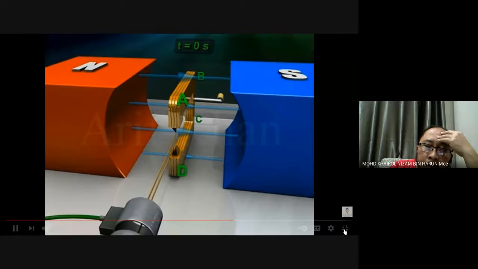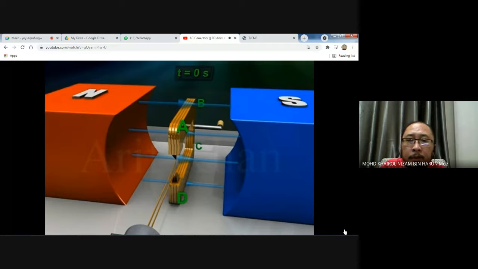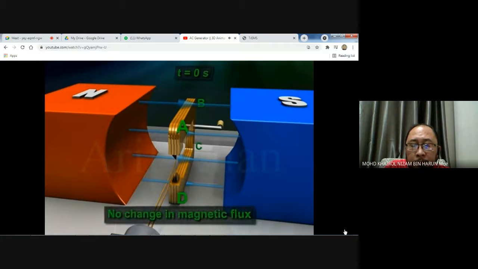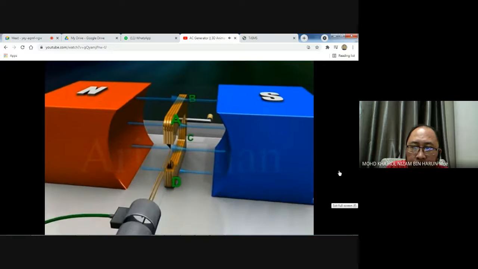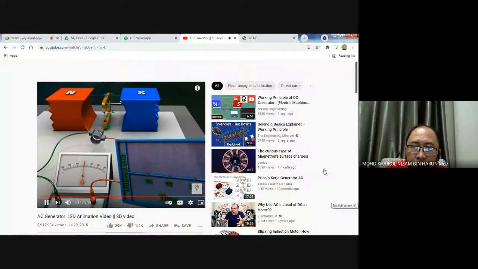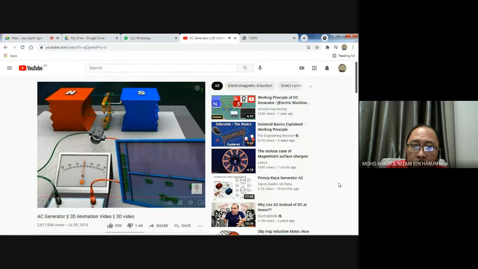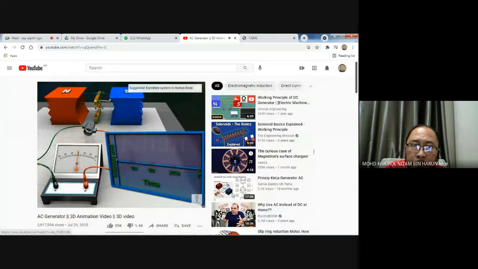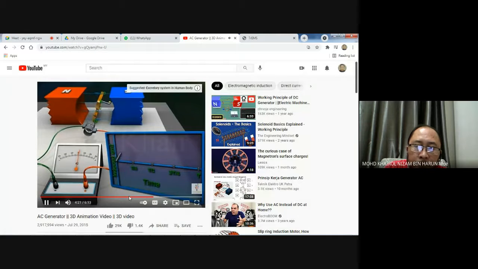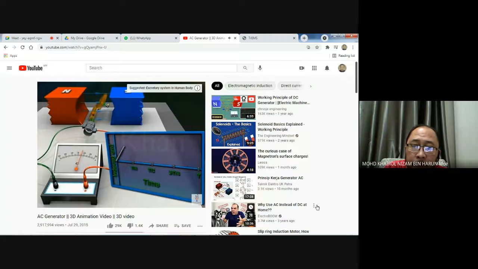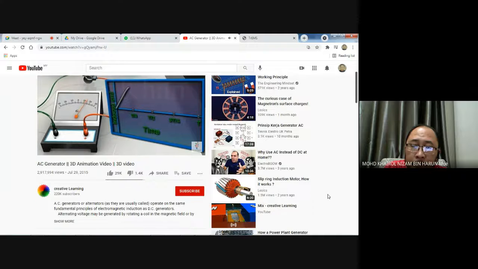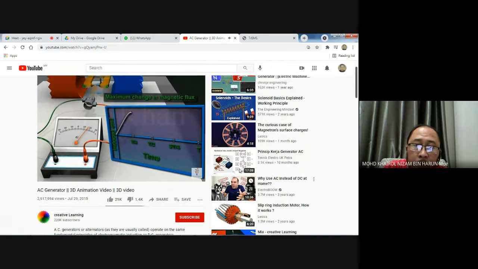At this position, when the armature rotates, the rate of change of magnetic flux is momentarily zero. Hence, the induced EMF at this position is zero. During the first quarter rotation, the induced EMF increases. Then, at time t upon 4 seconds, the armature becomes horizontal. At this position, the rate of change of magnetic flux.